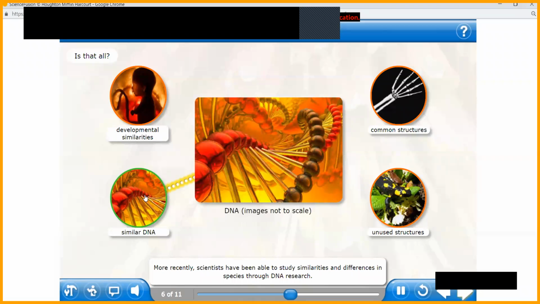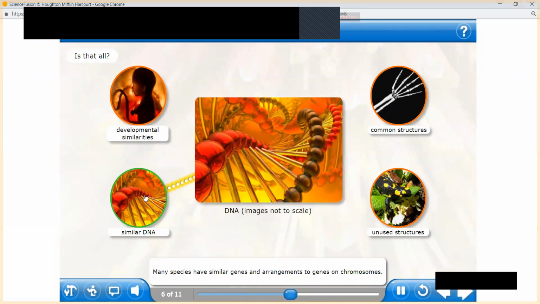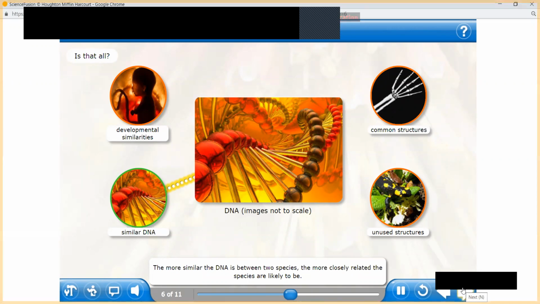More recently, scientists have been able to study similarities and differences in species through DNA research. Many species have similar genes and arrangements of genes on chromosomes. The more similar the DNA is between two species, the more closely related the species are likely to be.